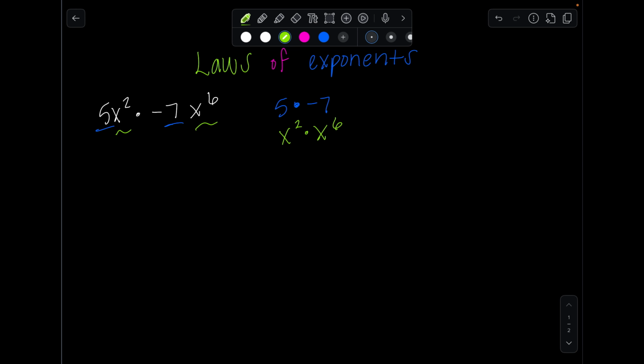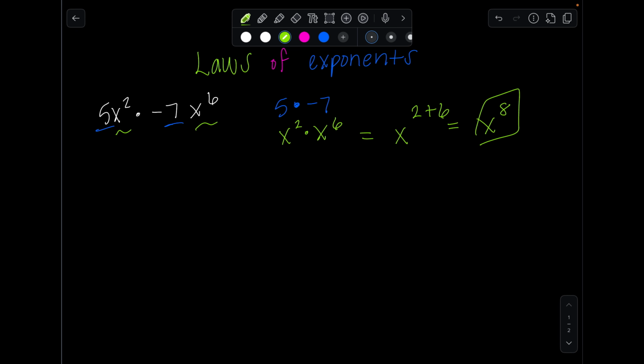This is called your product rule. If you are multiplying two terms with the same base, this is a term, this is a term, they've got the same base, x, the law says you can add their exponents. 2 plus 6.